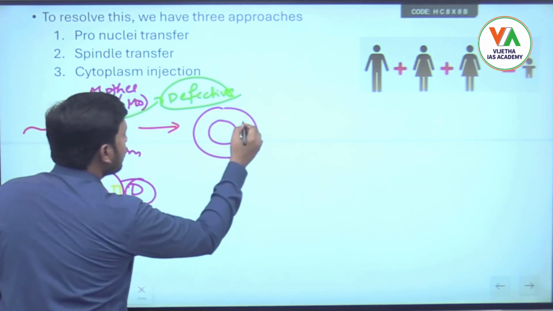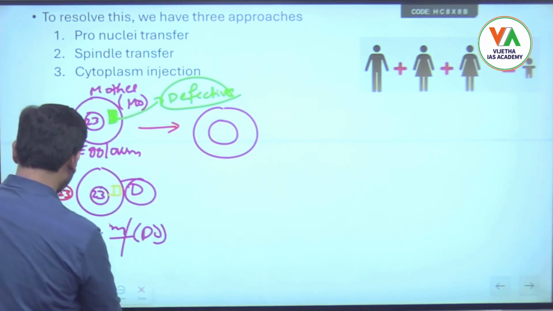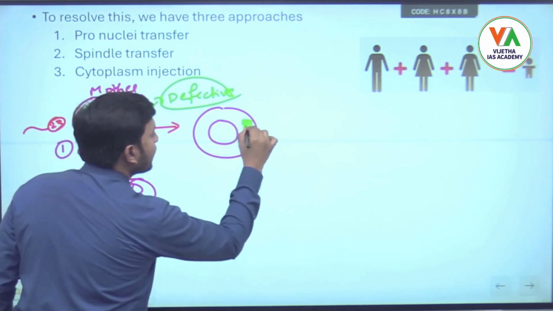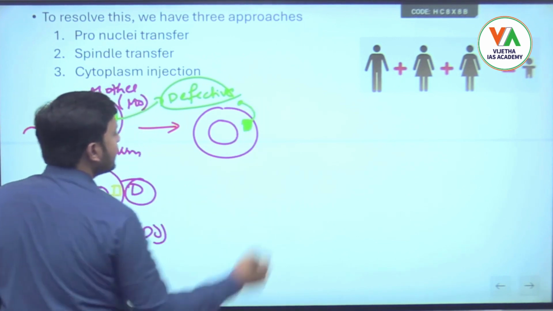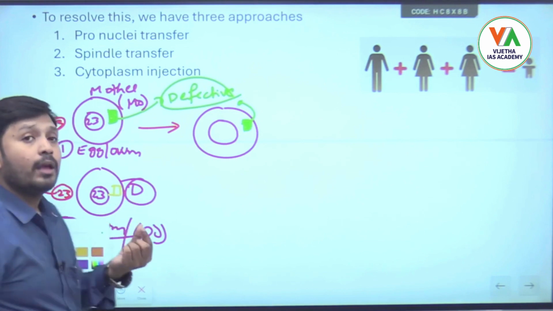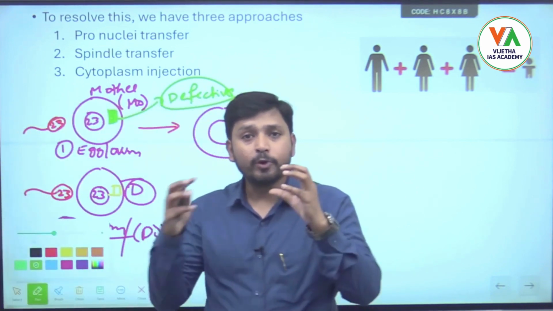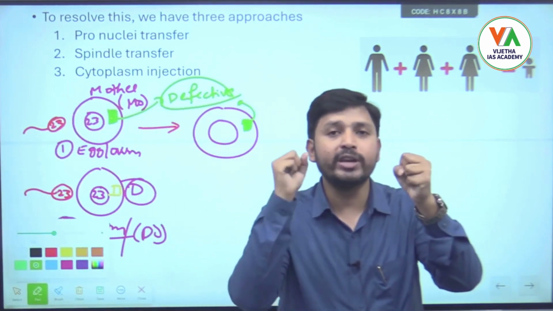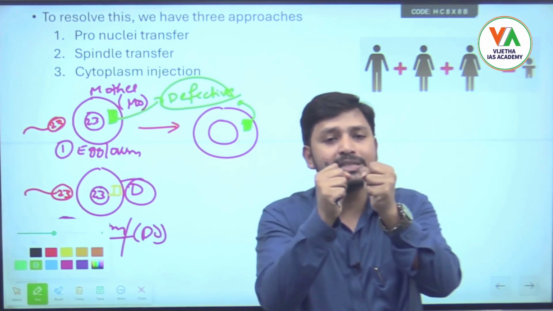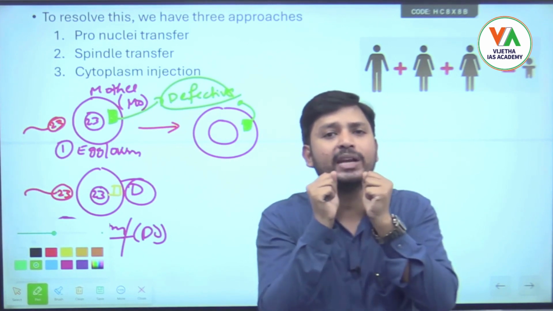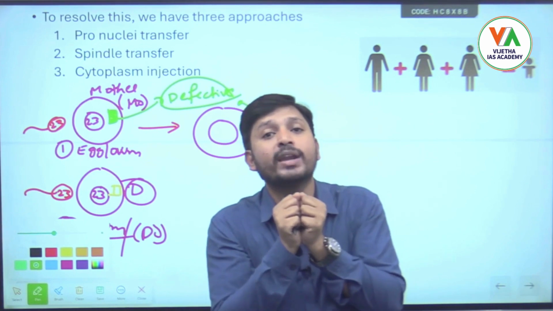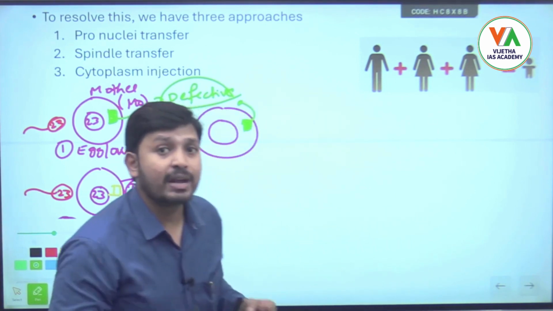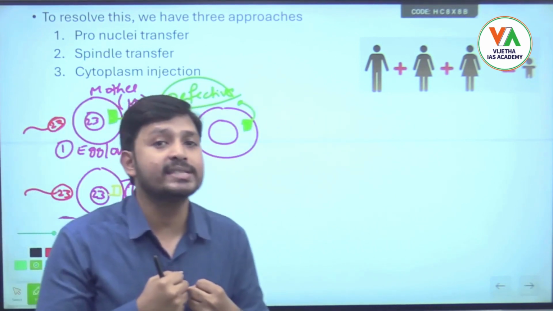We are having the same defective one, but here see, before these 23 chromosomes of the mother and the 23 other chromosomes merge, complete merger has not yet taken place. Such a structure is called pronuclei, meaning complete merger of the nuclei will not occur.